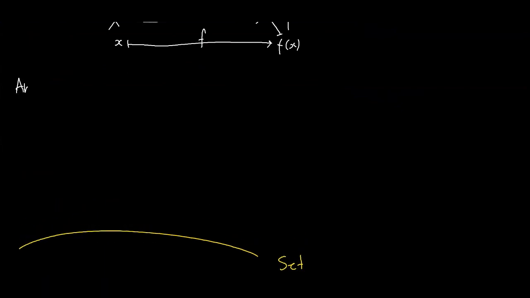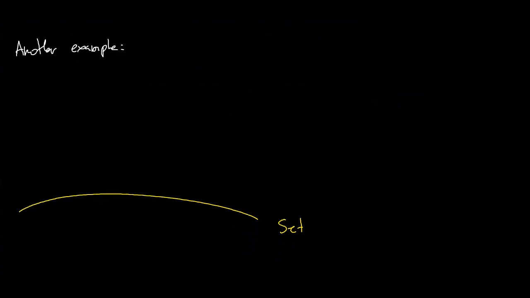This is another example. In this example, both categories are the category of sets. And we have a fixed object by which we perform exponentiation.